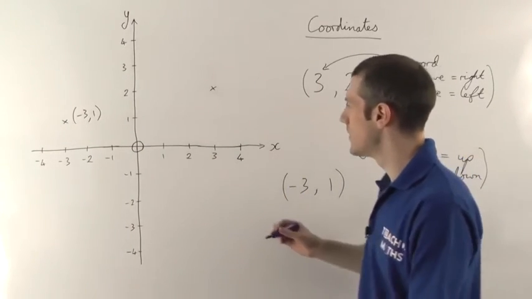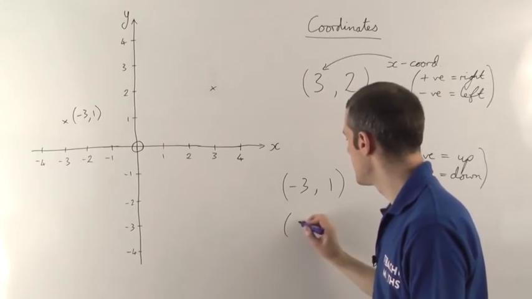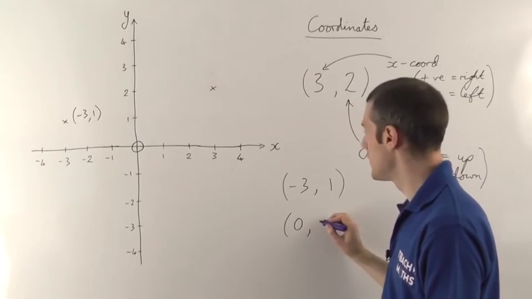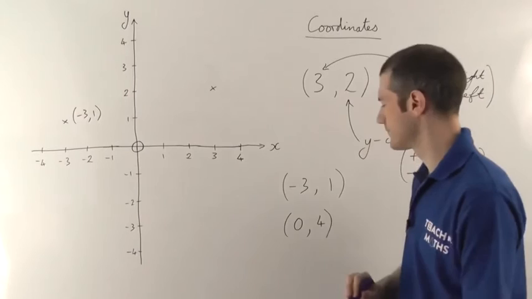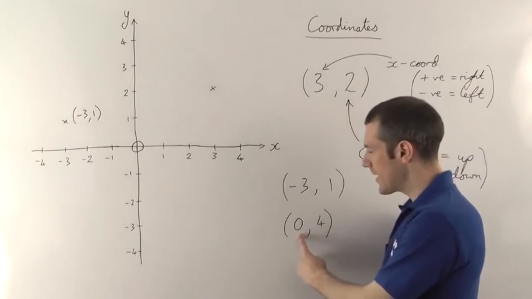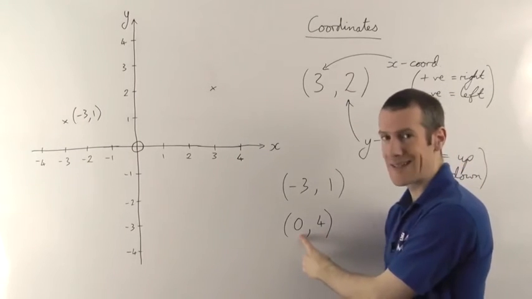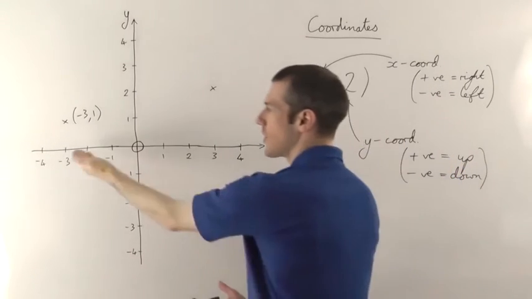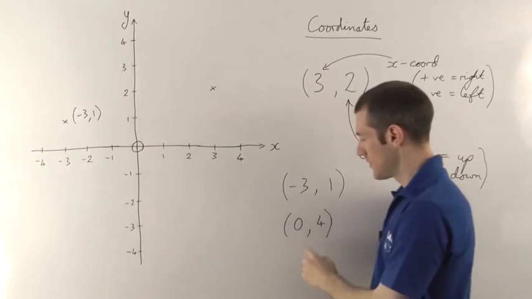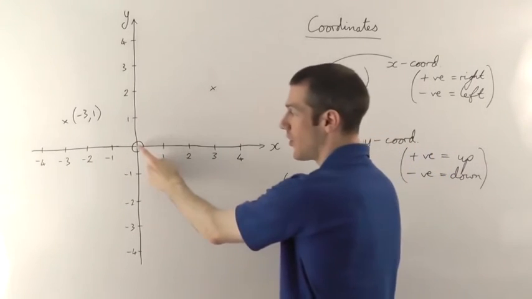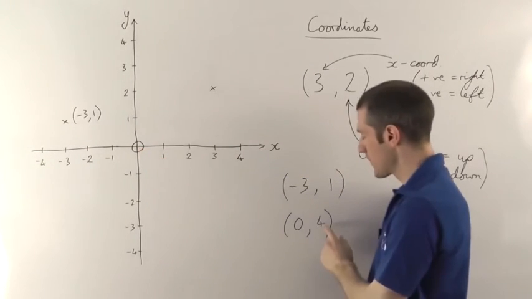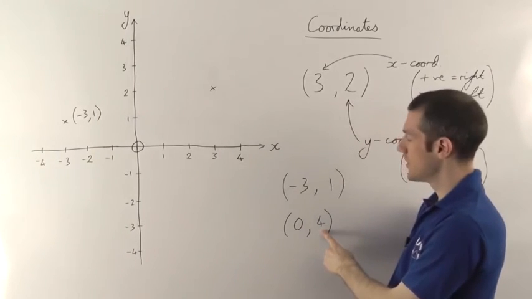Okay, let's try another one. Let's have 0, 4. Now then, the x coordinate, the first one, remember, is always the x coordinate. If the x coordinate is 0, that means you don't go left or right. You're at 0. So you're actually on that point there for the x. But the y coordinate, the second coordinate, is 4.